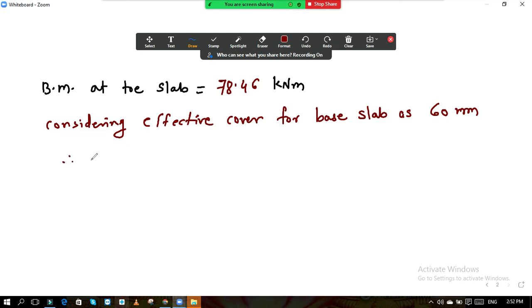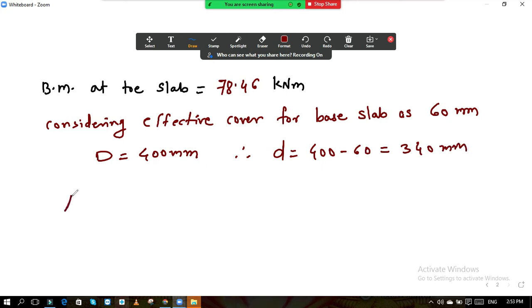Therefore, capital D is equal to, we know that 400 mm. Capital D we know that it is 400 mm. Therefore, small d is equal to 400 minus 60, which is equal to 340 mm.